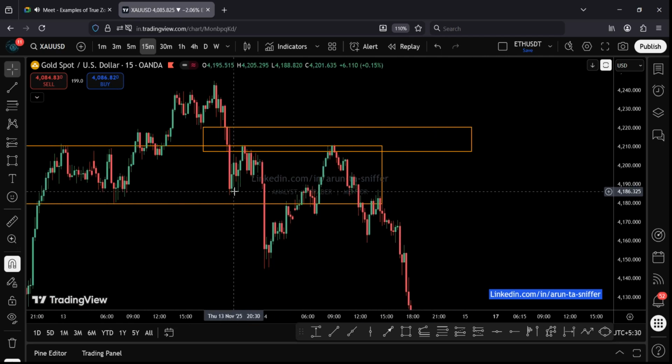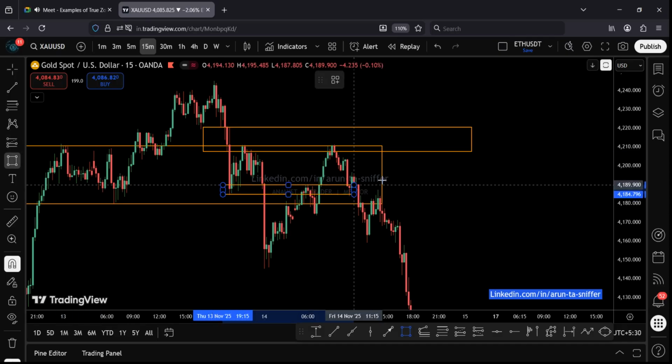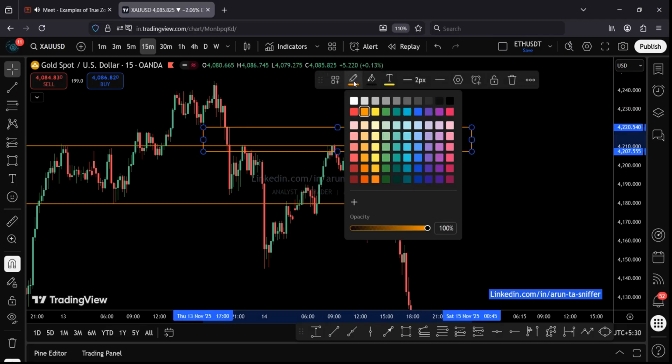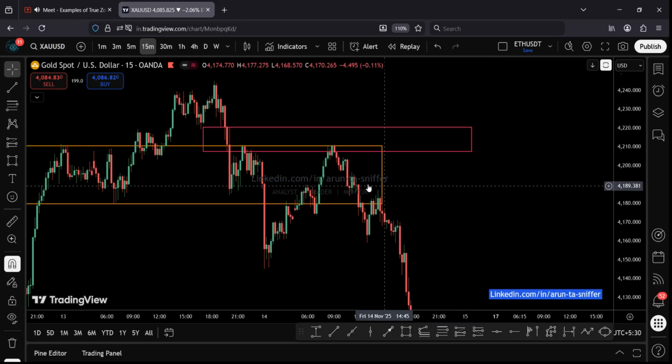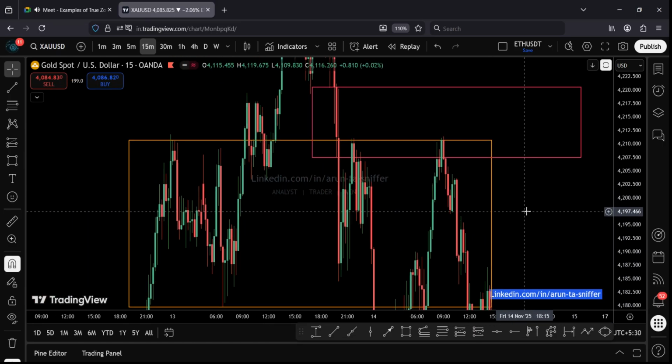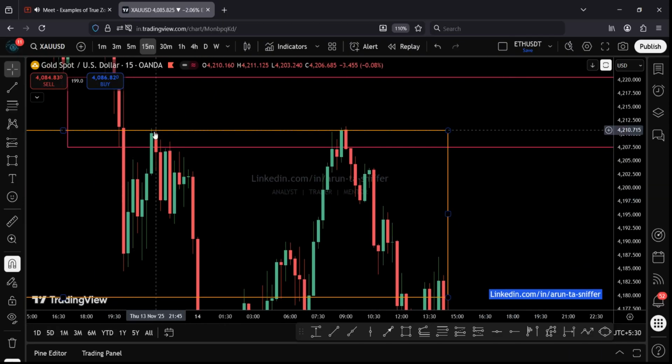And if we look at here, the price is faking out this zone. Let's color this as DP with this color. And if you look closely, what is happening here? This high is engulfed by this high.